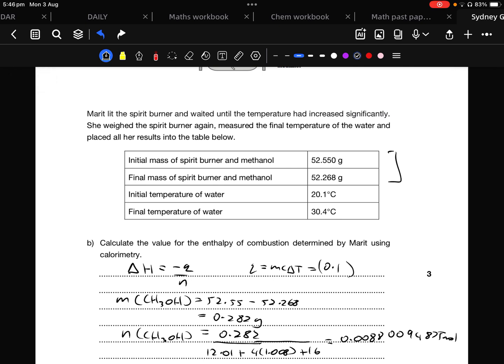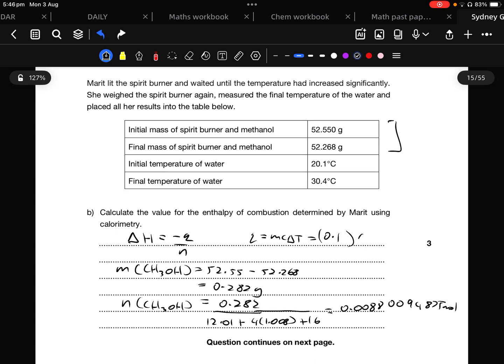We know the heat capacity of water is 4.18 times 10 to the power of 3. And our delta T, change in temperature, is the final temperature minus initial temperature.